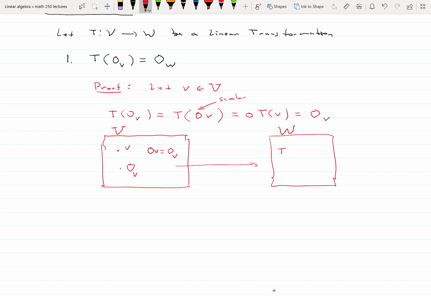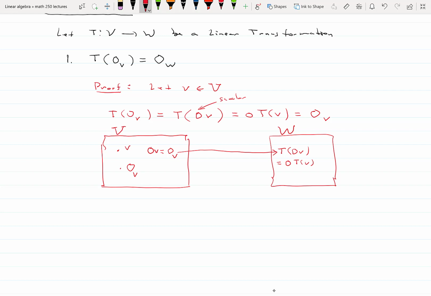T of the 0 vector, the 0 times V is in there, but by the second property, this is equal to 0 times t of V. The 0 vector in V gets taken to t of the 0 vector in V, which is 0 times V. But the second property says I can factor out the 0 scalar.